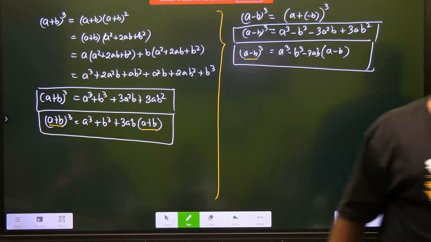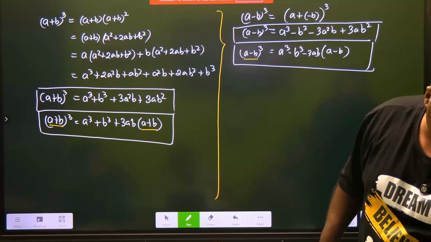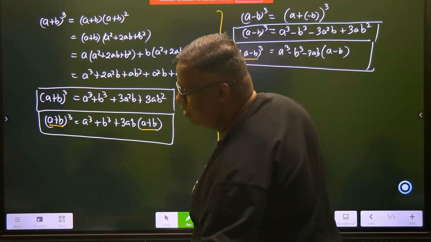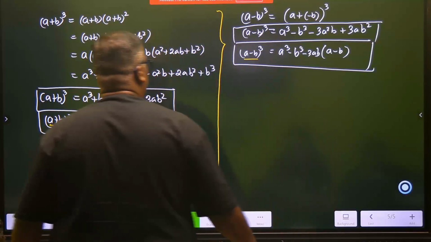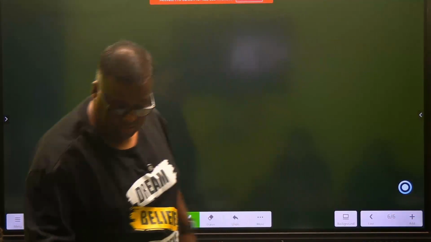On this we might get some factorization also. Let's do one factorization. Children, show me any one of these examples, 4, 5. Anyone? 8a cube.